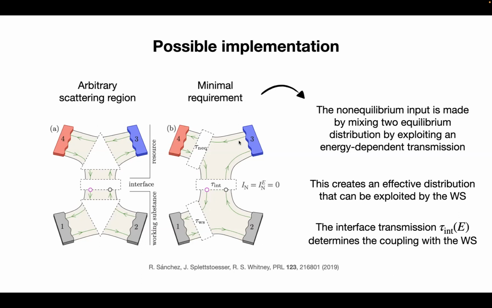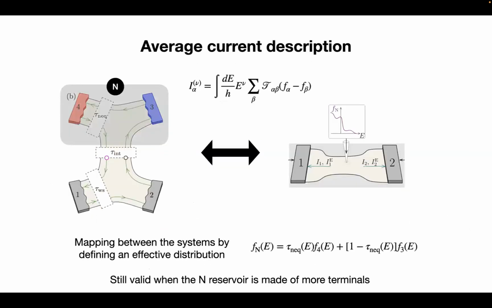Also the important thing here, this interface transmission determines how coupled or decoupled the daemon and the system are. And you can imagine that if they are totally decoupled, then there can be no daemon effect. Okay, very good. So the average current description is the following.